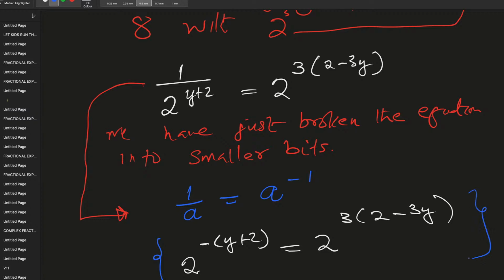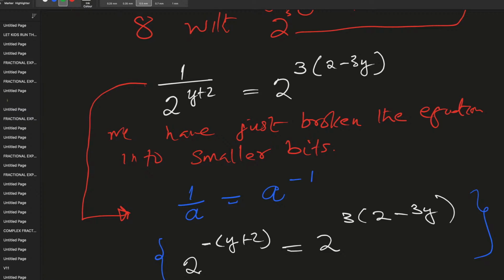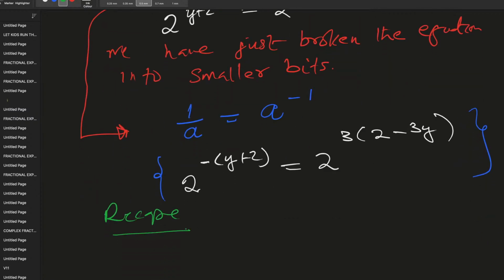One more property, which I love so much, is the property of equality. We should always remember, so recap: if we have a raised to the power x equal to a raised to the power y, it implies that x is equal to y.